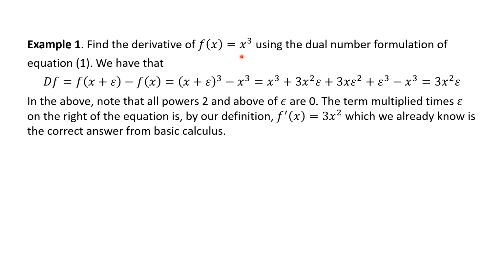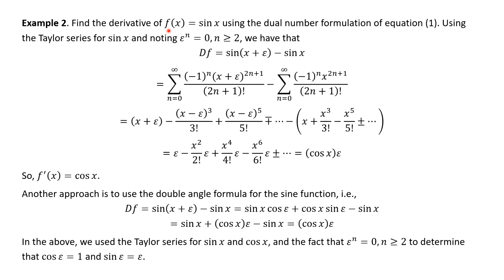All right, let's look at a little bit more complicated example in the next slide. Find the derivative of f of x equals sine x using the dual number formulation of equation 1. We're going to take a similar approach to what we did in the previous example. We'll need to use the Taylor series for sine x to do this. So we start with capital DF equals sine of x plus epsilon minus sine x.